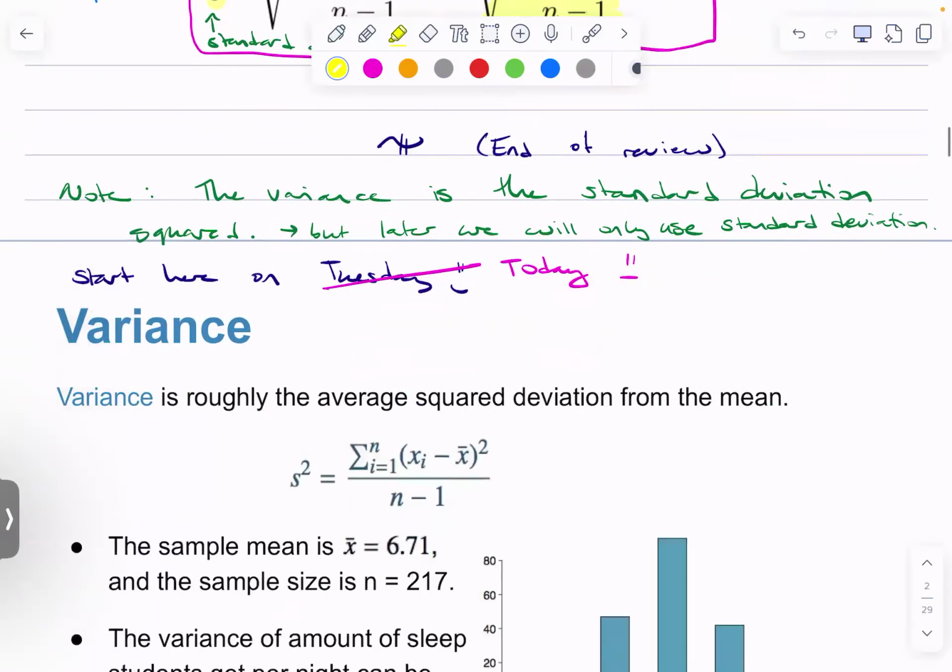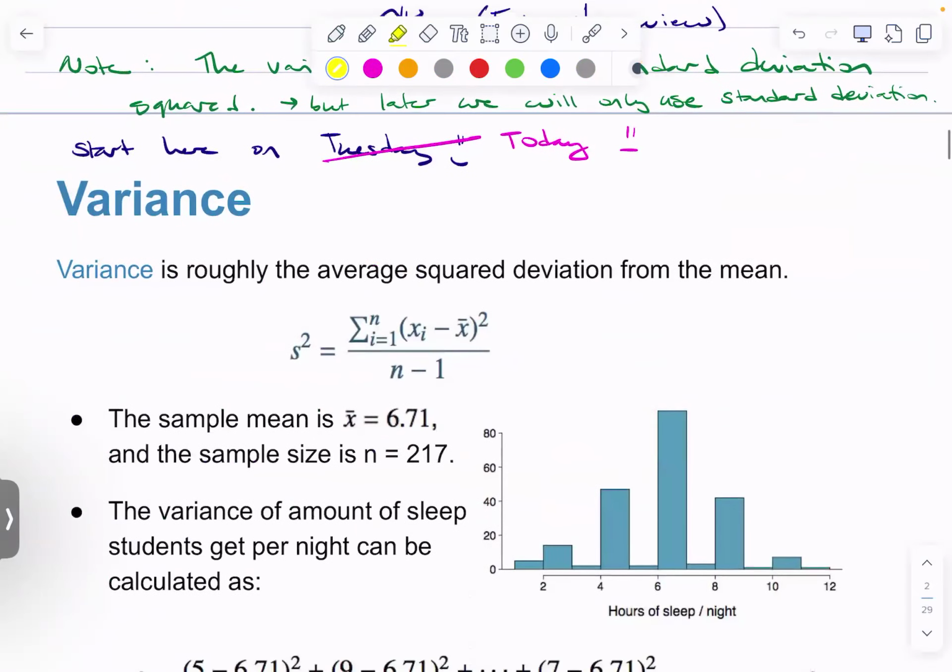Okay, so the variance, what's the variance? Well, variance is a measure of spread, just like the standard deviation is.